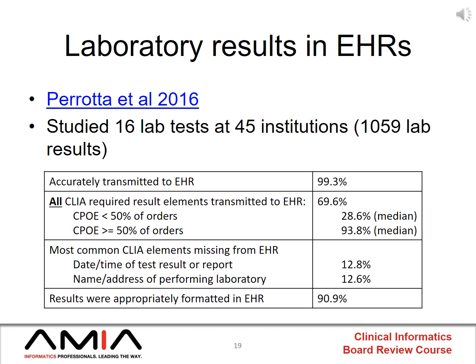What they found was that 99.3% of the laboratory data was accurately transmitted to the electronic health record, but I would note that's not 100%. All of the CLIA required result elements were only transmitted to the electronic health record in about 2/3 of cases, slightly over 2/3 of cases at 69.6%.